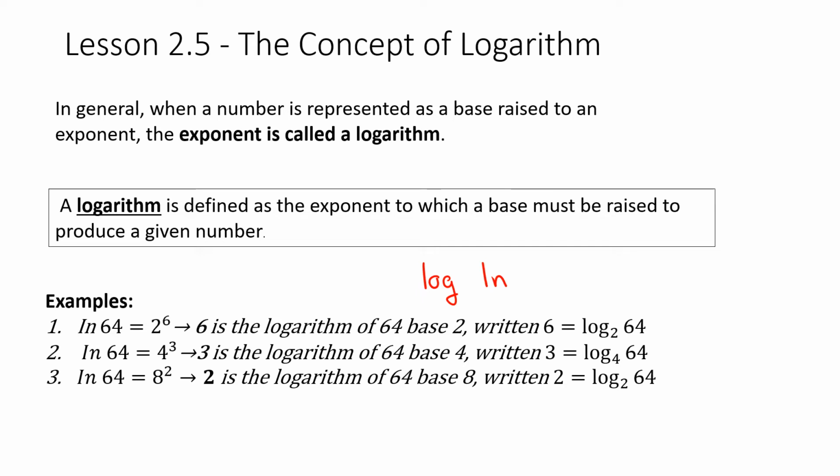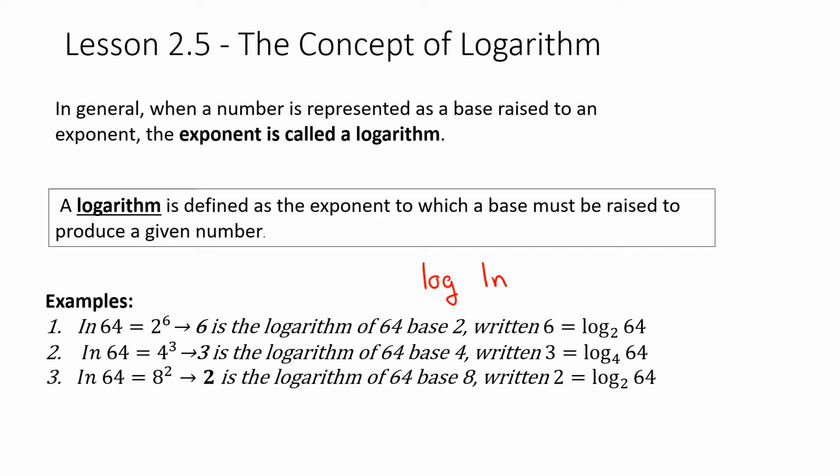And we're going to talk about log and ln now, log being a logarithm, ln being what's called a natural logarithm, and we'll get into what some of those differences are. But what logarithms are used for is to actually find an exponent that a base has to be raised to produce a given number.